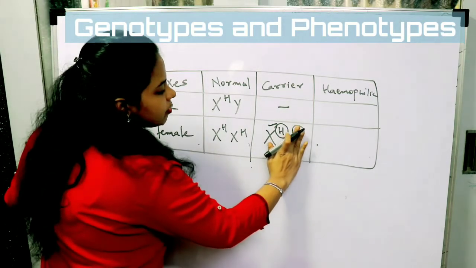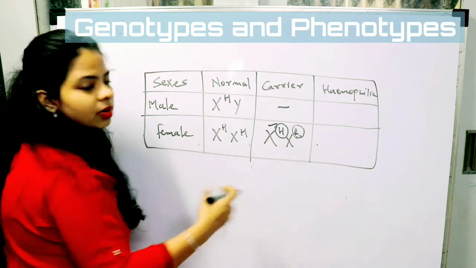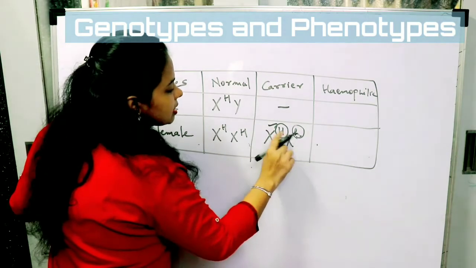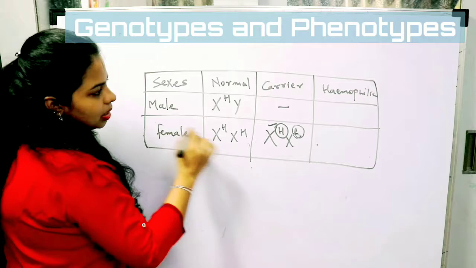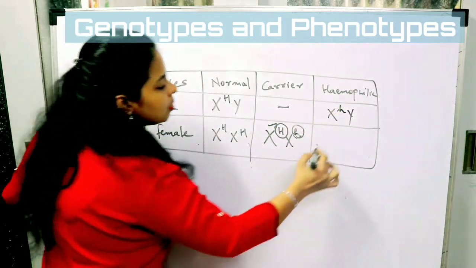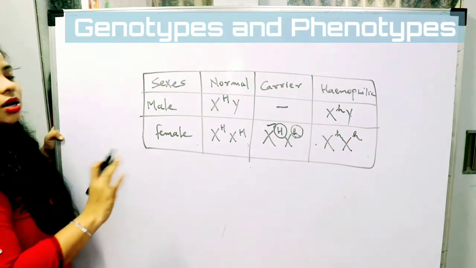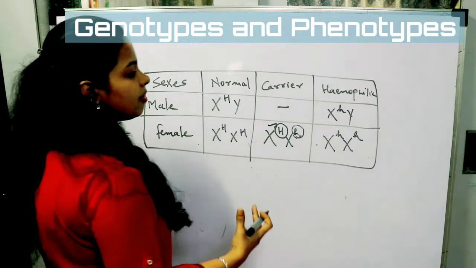So the phenotype of this carrier will be normal only. I hope it is clear. Now in a hemophilic male the genotype is X small h Y, and in a hemophilic female it is X small h X small h.